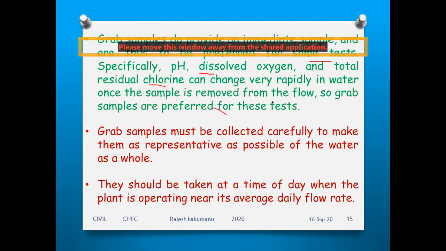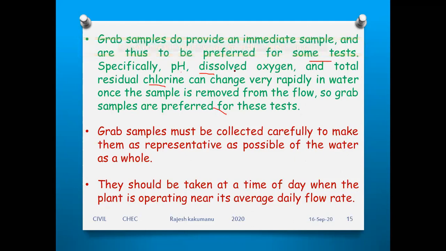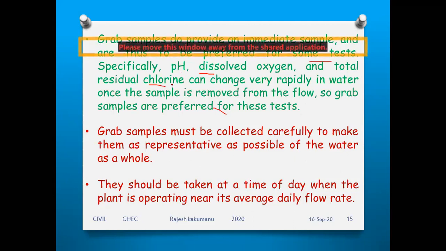So we are talking about grab samples. Why are these grab samples preferred? Because we can rapidly test the pH value of the water, the amount of oxygen dissolved in the sample, and the total residual chlorine content present in the water. We can see all these things by using the grab sample test.